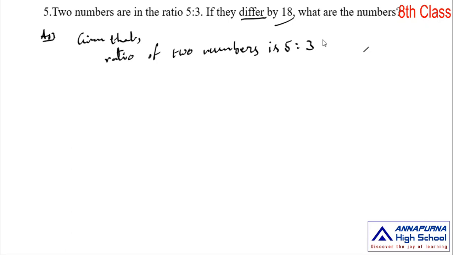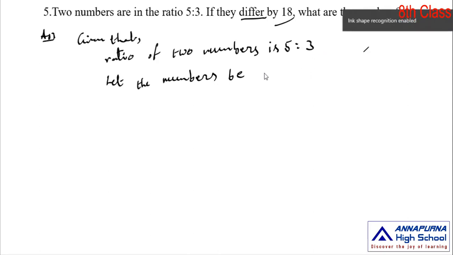From the terms of this given ratio, I choose the two numbers. Let the numbers be... what is the first term? 5.